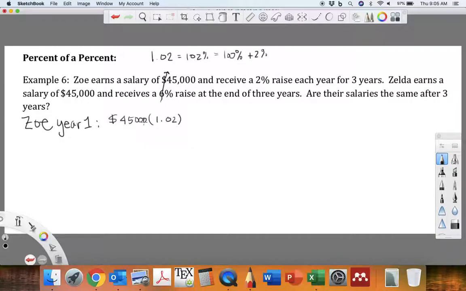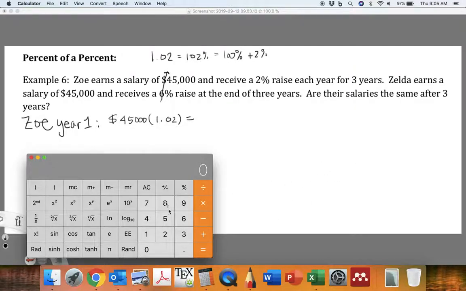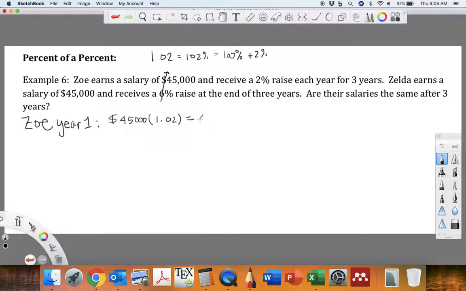So she gets her 45,000, that's 100%, plus 2% more. And that equals 1.02 times 45,000. So that's 45,900.